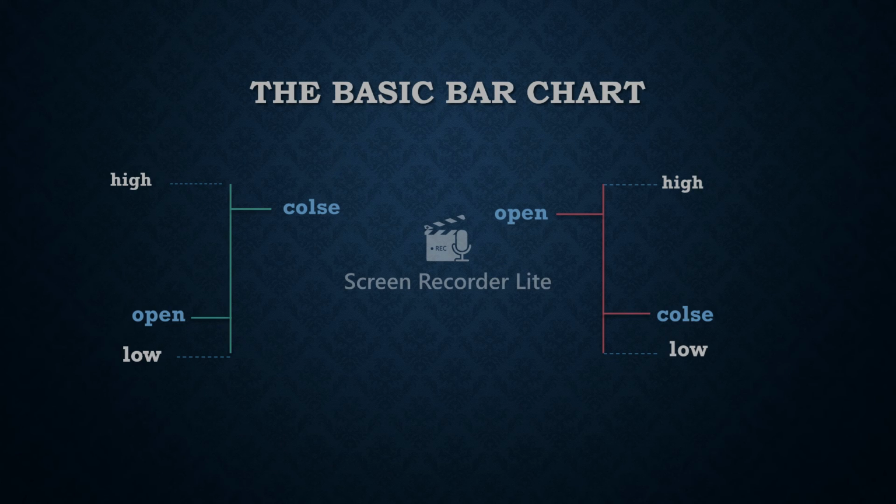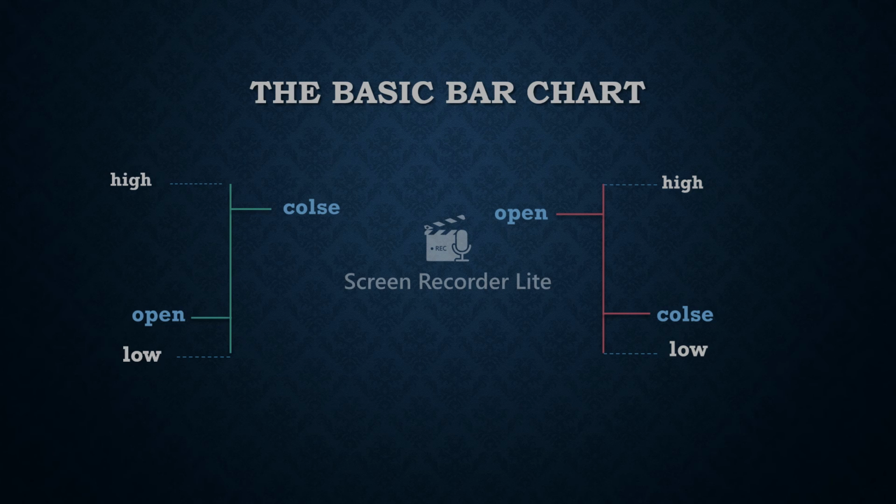Okay, now the basic bar charts and candles. You see some candles on charts, but this is a basic bar chart. Now I talk about it and you should listen well.